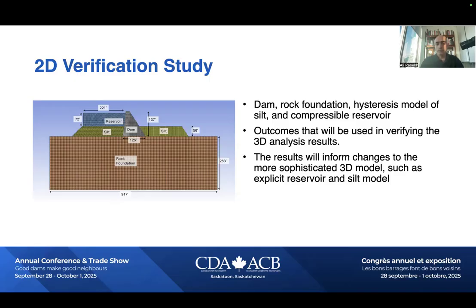Also, the results will inform changes to the more sophisticated 3D model, such as whether it's really necessary to use an explicit reservoir model or whether equivalent added mass is adequate. The same for silt, whether it's adequate to use added mass representing silt, or whether an explicit model of the silt will change the results.